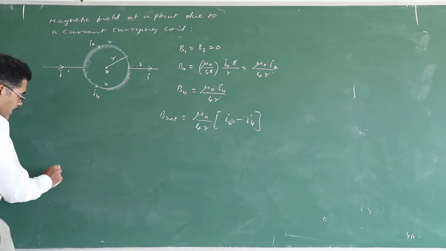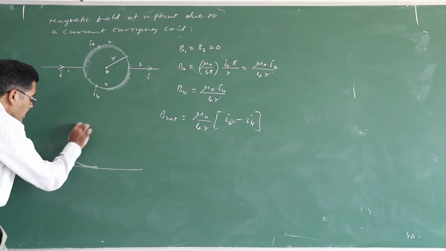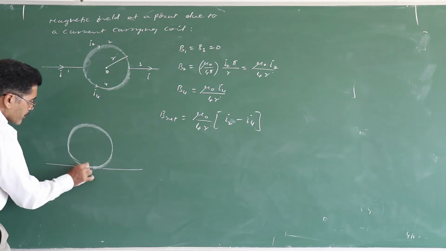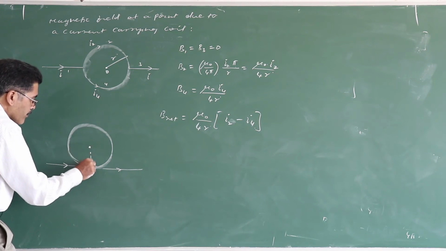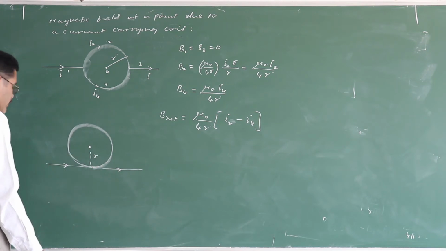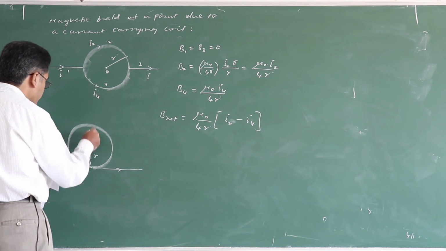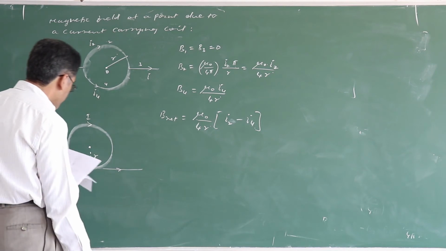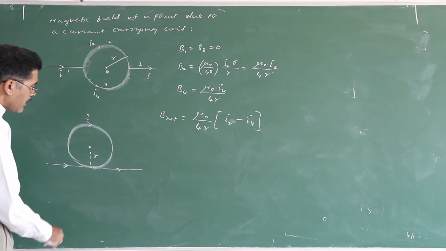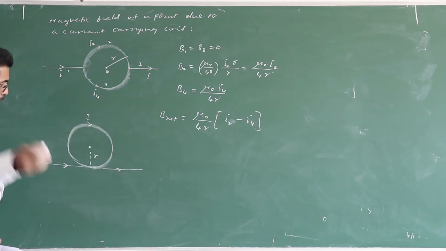See, now let me consider the case the current is flowing like this. We have a coil also carrying current. O is the center. This is also carrying current I. See, therefore here current is flowing in anti-clockwise direction due to this magnetic field is towards you.